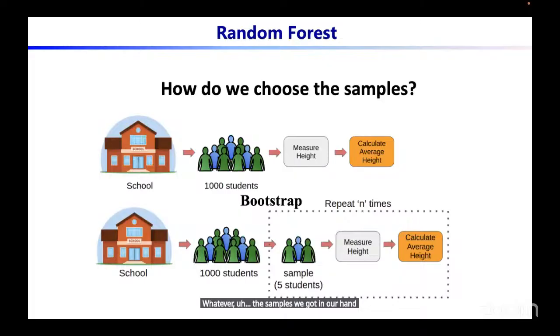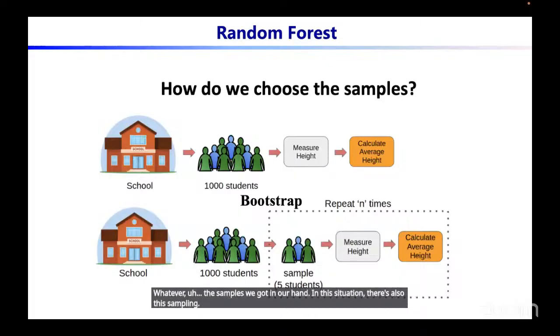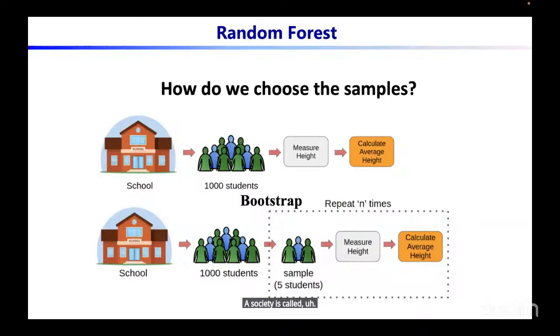In this situation, there's also a sampling strategy called bootstrap. Bootstrap. So it means that we grab a few people from the population in one location or in different parts of society, and then we resample again, maybe from a different group of people, and so on and so forth.